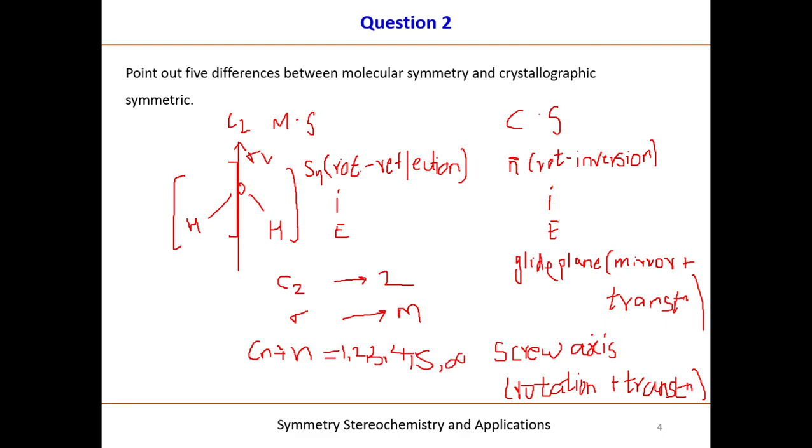But in crystallographic symmetry, the rotation axis is denoted by n. Sorry, not n bar. N bar is for the rotoinversion axis.